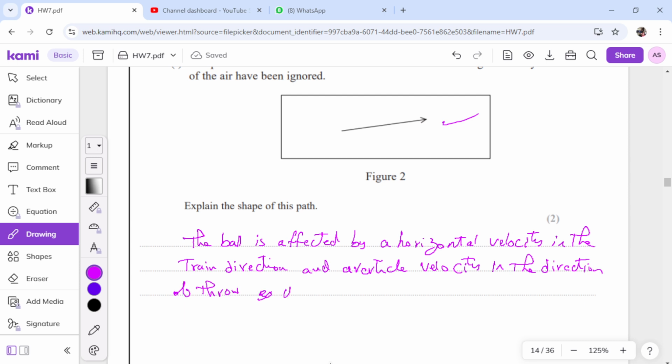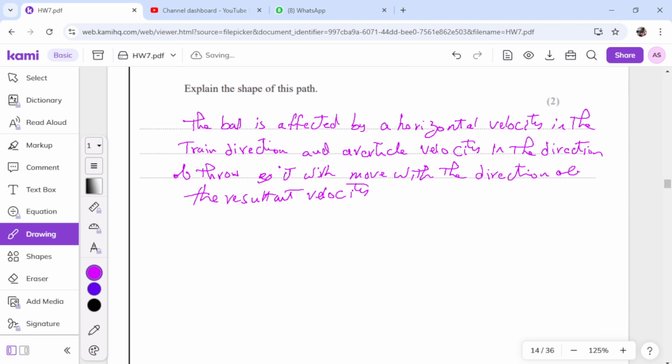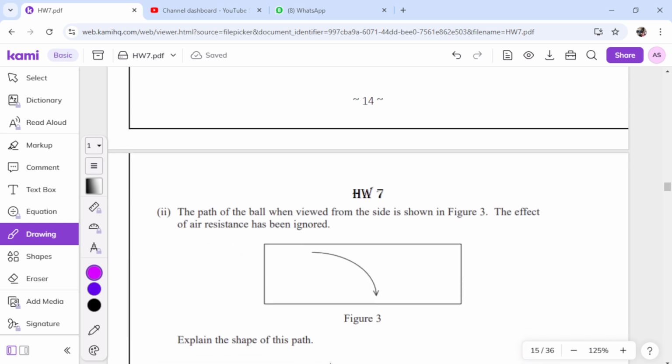So it will move in the direction of the resultant velocity. This is the resultant velocity. Let's move to the next.